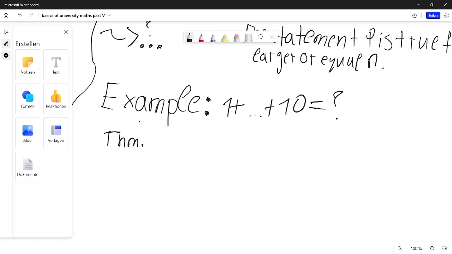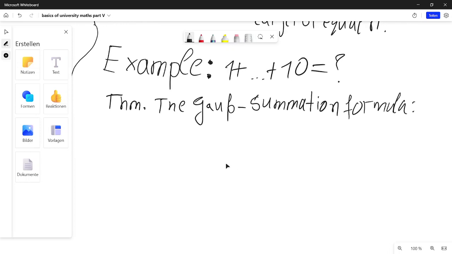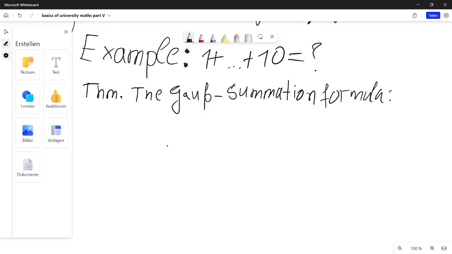The Gauss summation formula. I think he was back then age 10 or 12 when he found that. The Gauss summation formula. For an element n of the natural numbers, we have, oh, and now we can write it in a fancy notation.